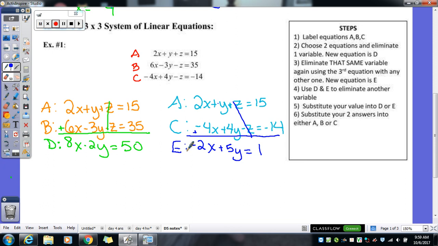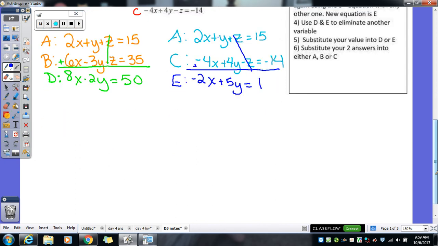So now if you notice, D and E both have just an x and a y. So now those are the two equations I'm going to be looking at. So I'm going to line those two up. My D is 8x minus 2y equals 50. And my E is negative 2x plus 5y equals 1.